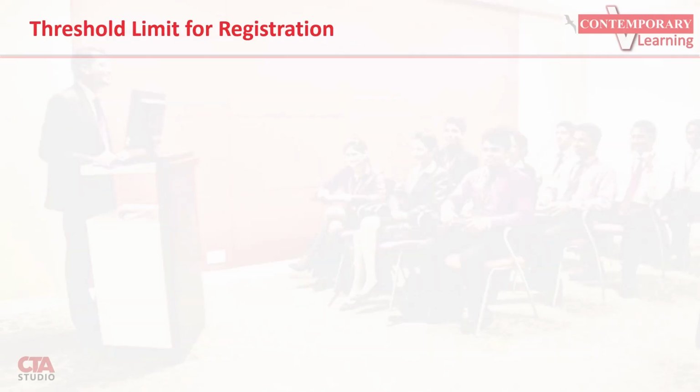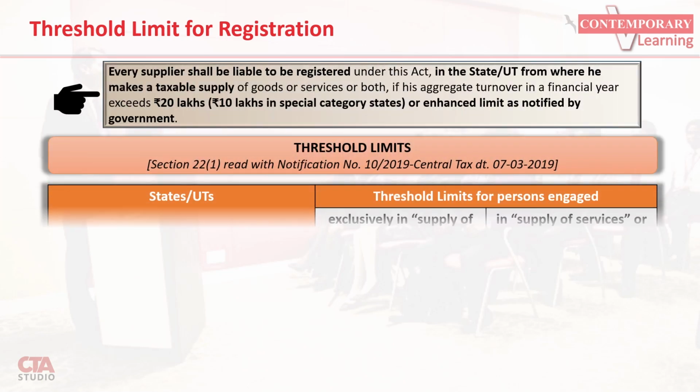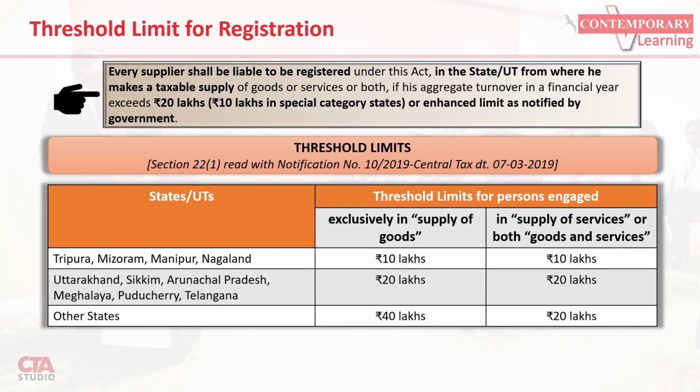Now, let's look at the specific threshold limits that trigger registration liability. These limits are specified in Section 22(1) and Notification Number 10/2019 Central Tax, dated 7th March 2019. The thresholds vary based on the type of supplies and the location of your business.